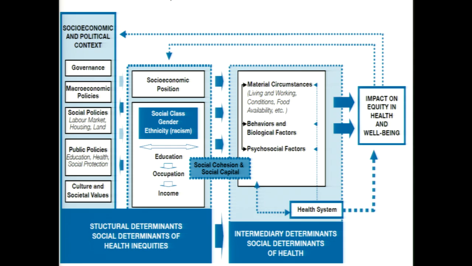But then he, or he and his committee, call these the structural determinants of health inequalities, the causes of the causes. What are those? Those are the political context, policies, social policies about jobs, minimum wage, for example, housing, affordable housing, rent control, et cetera, public policies on education, social protection, all of that. These are really the social determinants that result in social inequalities and social class inequalities, which then contribute to the shaping of these intermediary determinants and health outcomes.